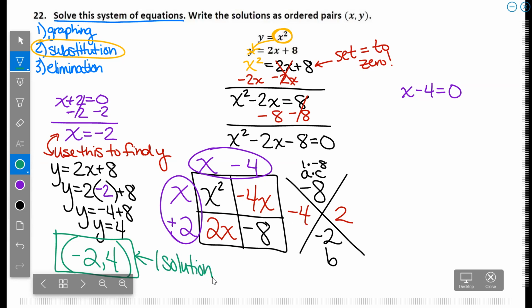But how many factors did we find? We had 2 factors. I only used this one over here. Now I need to go and use the other one. So I'm going to add 4 to both sides here. So x equals 4. We're going to use this to find the other y.